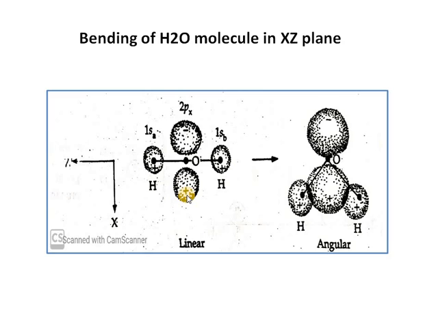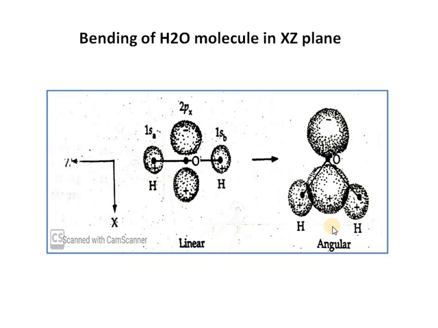This type of overlap with the 2px orbital of oxygen turns the non-bonding pi x 2px of the linear form into a sigma x bonding orbital, lowering the energy, which stabilizes it.